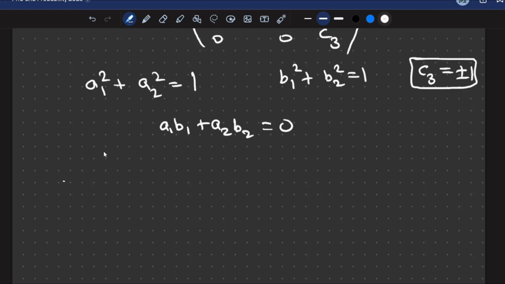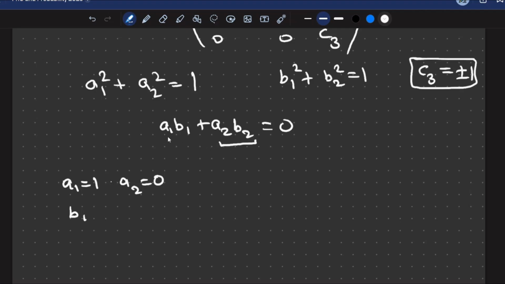Okay, fine. So let us take cases now. What if a1 is equal to 1? If a1 is equal to 1, this implies that a2 is equal to 0 because I have integer entries only. And if a2 is 0, then this term would be 0, right?